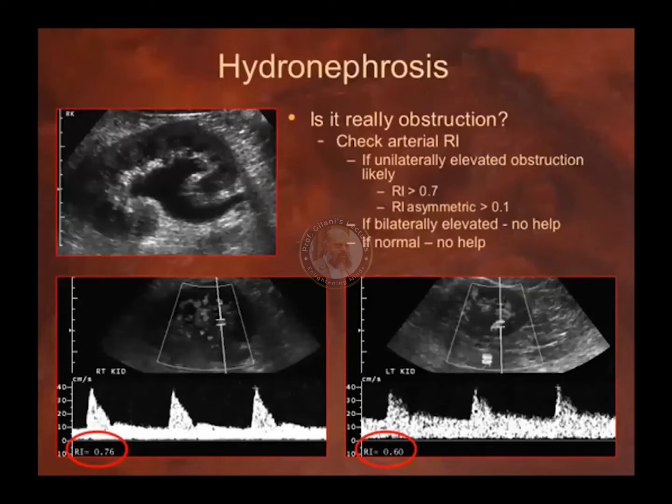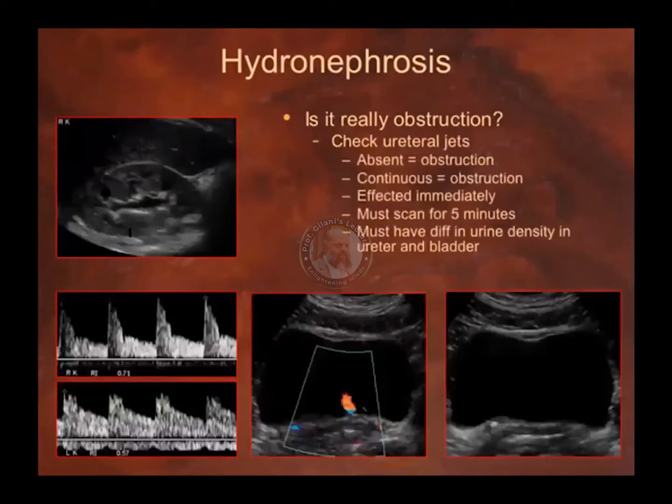You can see 0.76, which indicates there is some hydronephrosis in the kidney. So even if you are suspicious about hydronephrosis, you can assess the resistive index to confirm your diagnosis. This will be the landmark 0.7 for the segmental arteries.